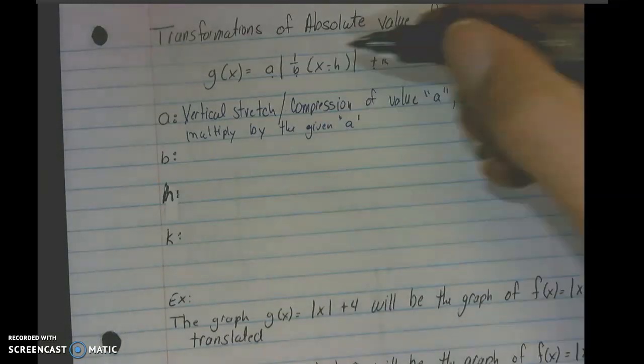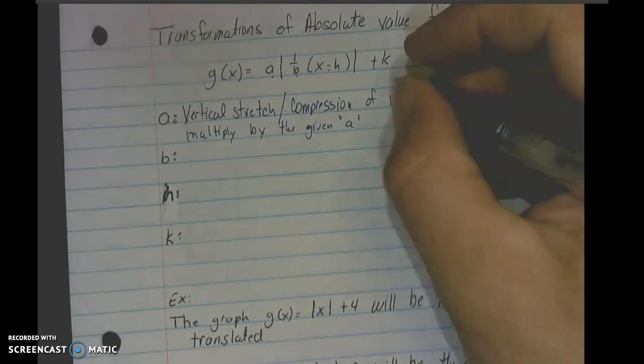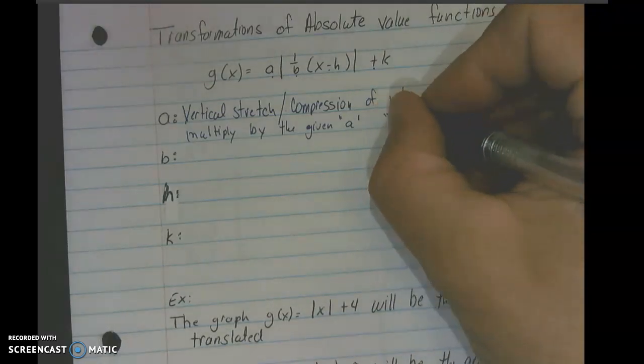If it's a fraction, then you just multiply it by the fraction, okay? This affects the y-coordinate.